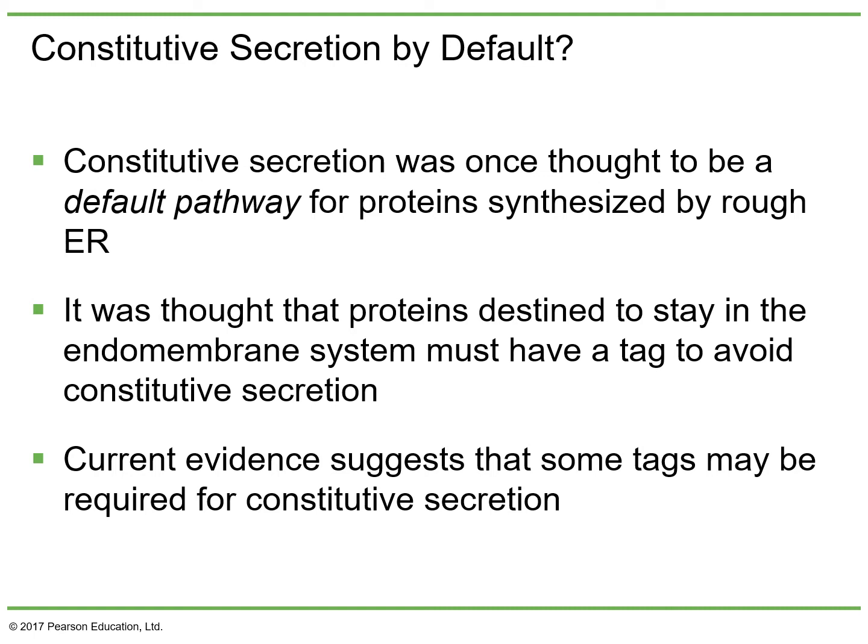Support for this model came from studies in which removal of the KDEL retrieval tags on resident ER proteins led to secretion of the modified protein. However, there is more recent evidence that suggests that a variety of short amino acid tags may identify specific proteins for constitutive secretion.